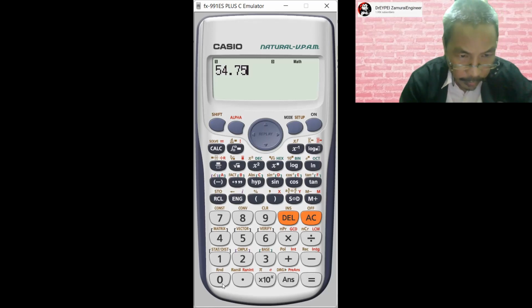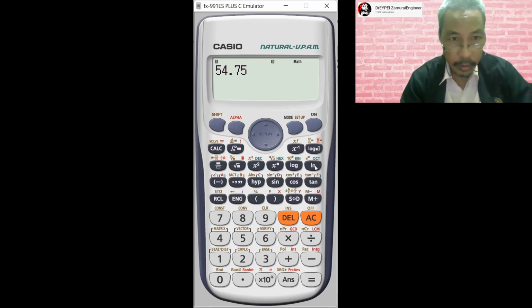There is no green. Okay, this is the reason why we have to learn using the calculator. And each and every brand of calculator, they are different.